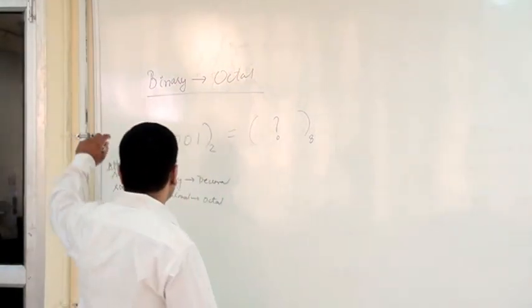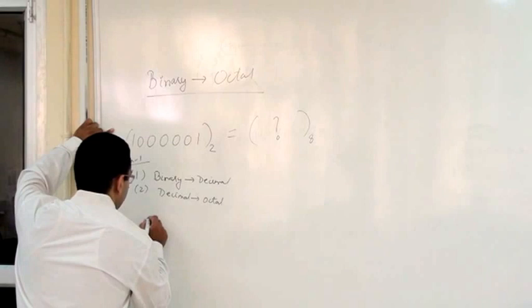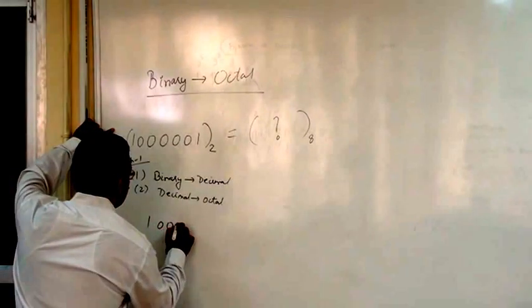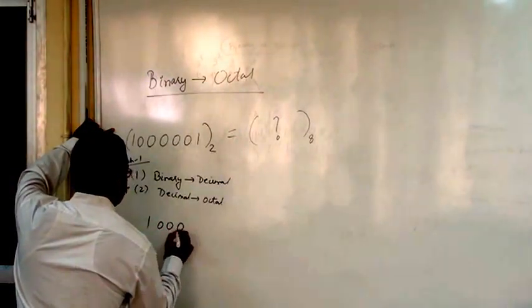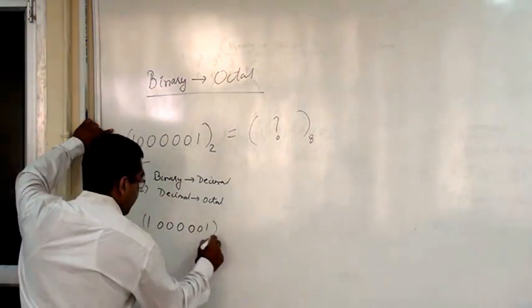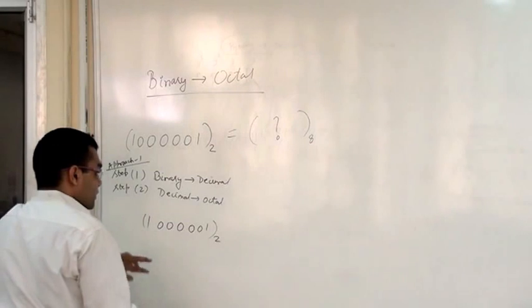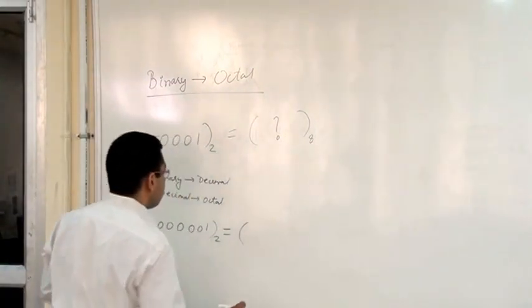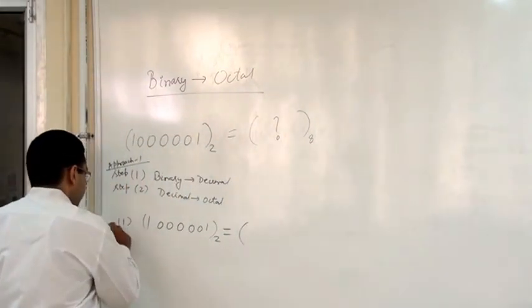By this approach we are given 1 0 0 0 in binary, converting this first of all to decimal, step number 1.